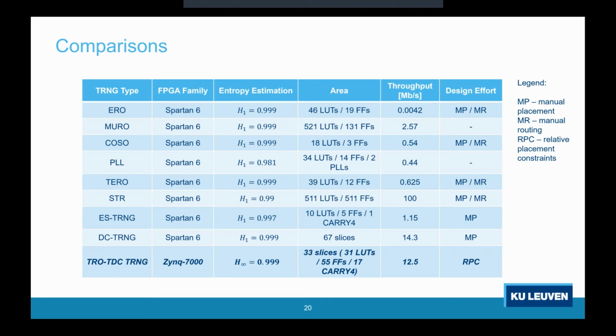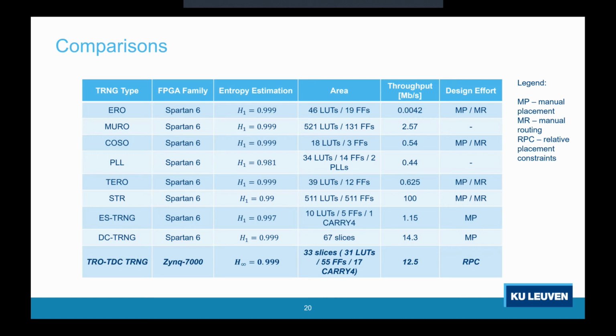For each design, we report hardware validation, throughput, and design effort. Certain designs require manual placement and routing, while others require only relative placement constraints. Some designs do not require any constraints at all, so they have the lowest design effort.